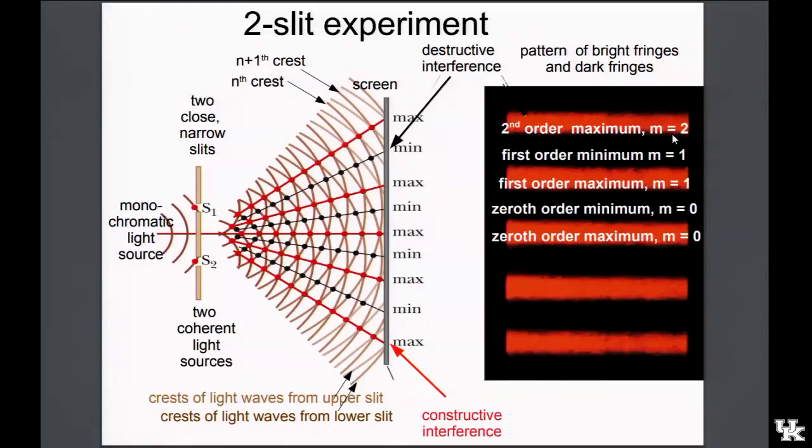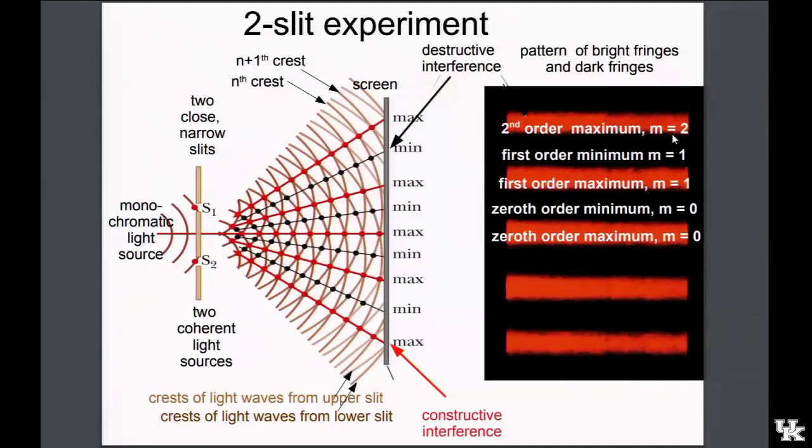Okay, so out of these slits come the light. And what you're seeing in this sketch, it's a little hard to see, but there are dark brown semicircles, and there are light brown semicircles.